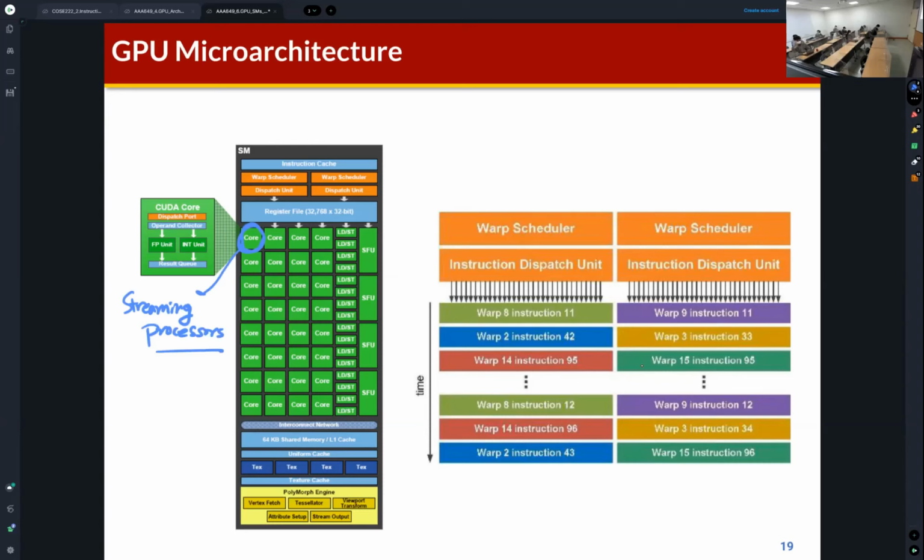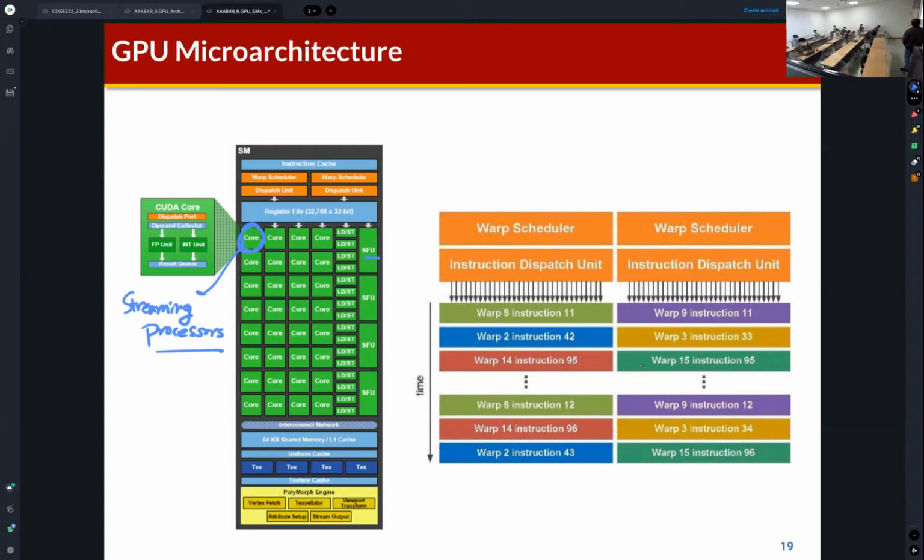Also, the NVIDIA GPU has special function units. There are multiple special function units, and they support special functions such as sine, cosine, tangent, or square root, something like that.